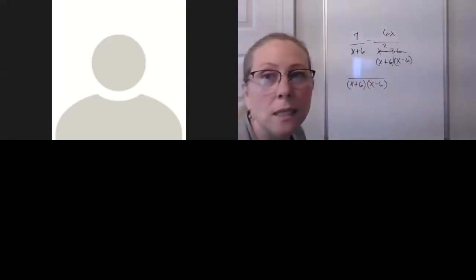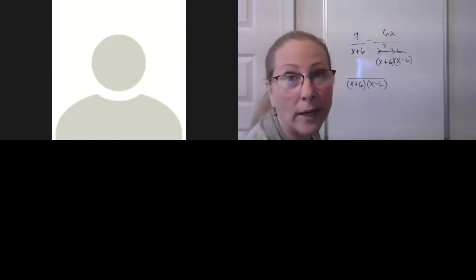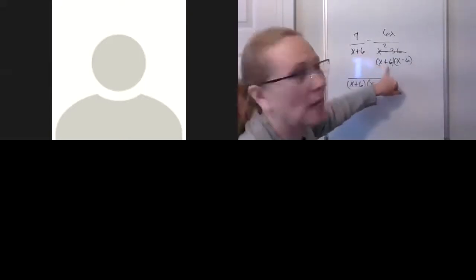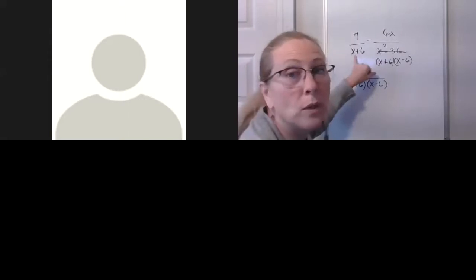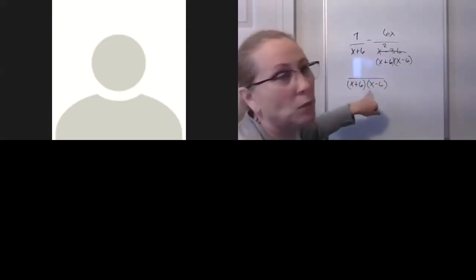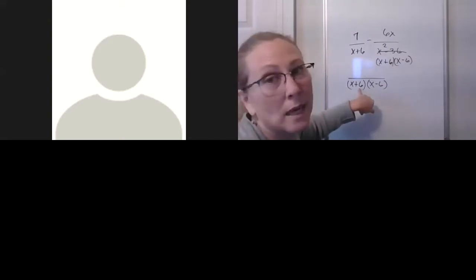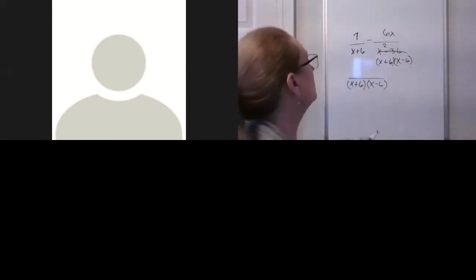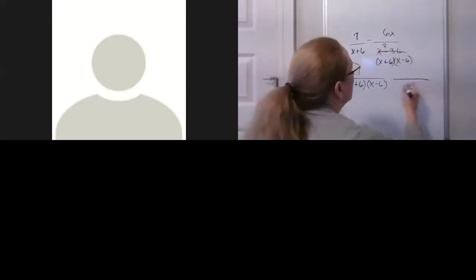Remember, the LCD only has a square if one of these has a square. Neither one has a square, so it doesn't matter that there are 2 of them. We're not counting them up. We're looking at an exponent of 1 here, exponent of 1 here. So the highest exponent for x plus 6 is 1. So that's our LCD on the left.